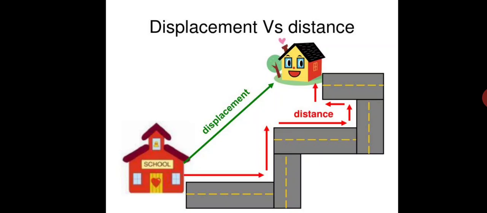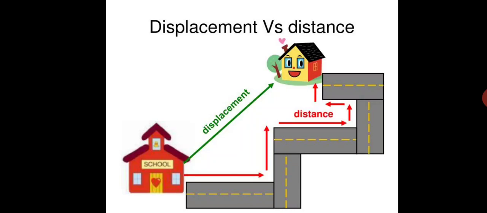So here we don't consider the direction. You want to reach the school, so you will be covering it in any way without considering the direction. The amount of distance covered alone, if you calculate, then we call it as distance.